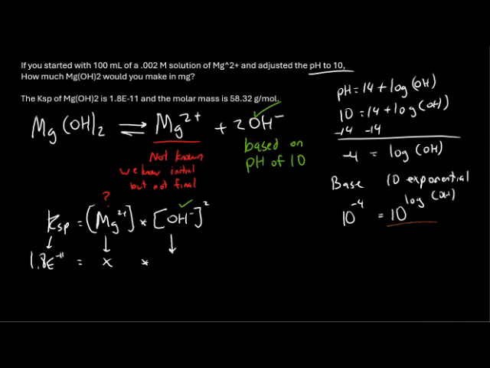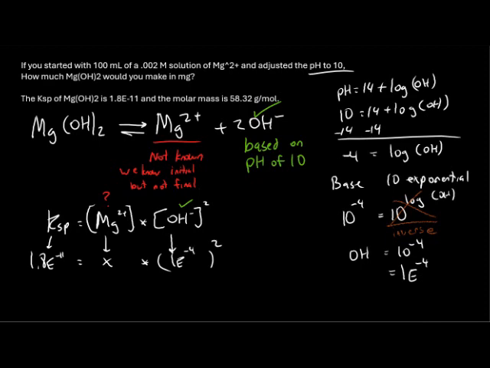However, the 10 and the log are inverse functions and will cancel out. Therefore, we'll have that our OH will equal 10 to the negative 4, or in scientific notation, that's 1e-4. We'll place that in the OH position.